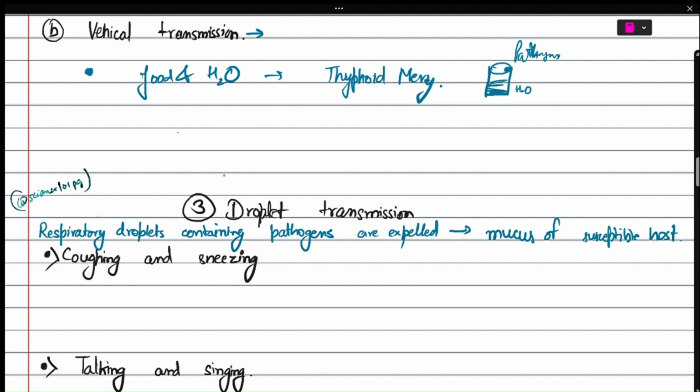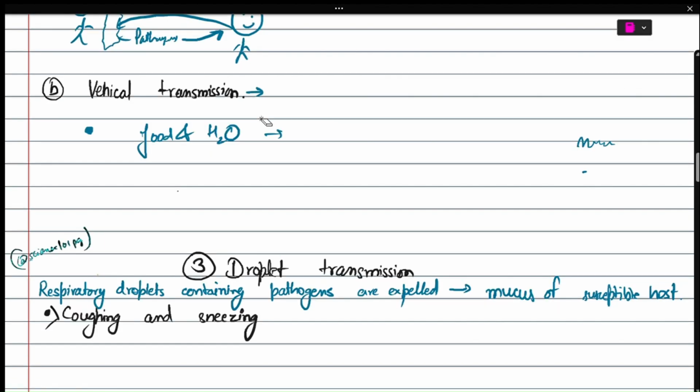Okay, and a second normal person is drinking from the same cup, then that normal person can get disease out of this water also. If I talk about the pathogens which can get transmitted via food and water, then it can be Vibrio cholerae, it can be hepatitis A virus, and other food and waterborne pathogens, right?